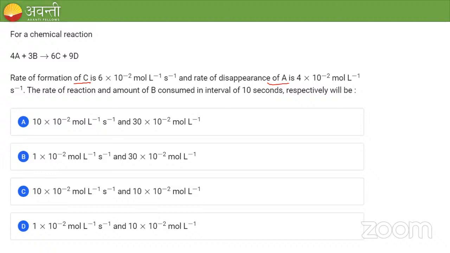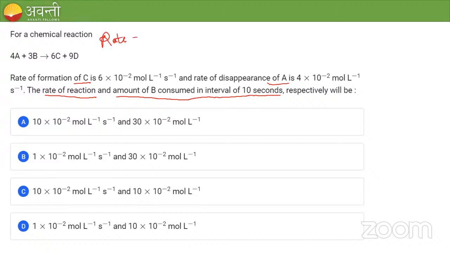So we have to find out the rate of the reaction first. And then we have to find out the amount of B consumed in interval of 10 seconds. So we have to find out two values. So how to find out? To approach this question, first write the rate of the reaction.